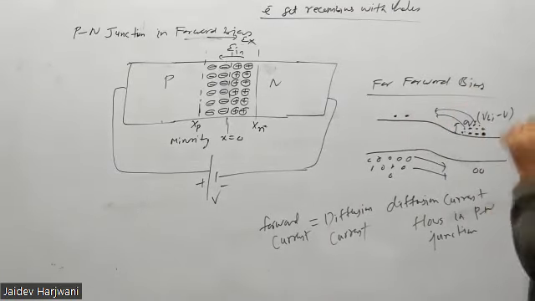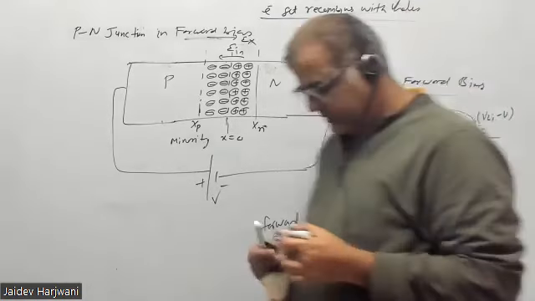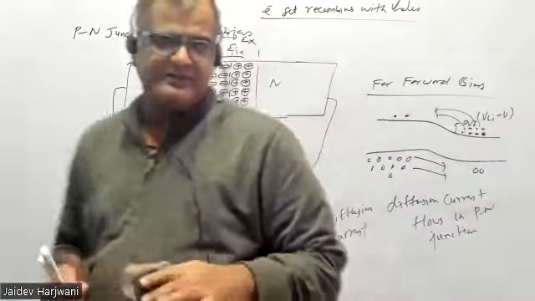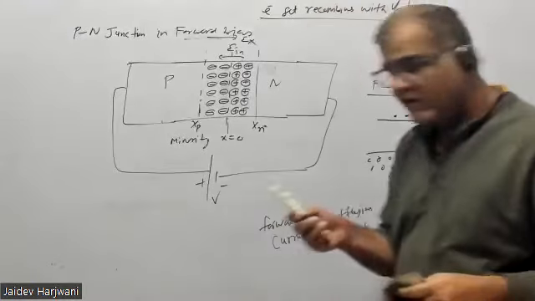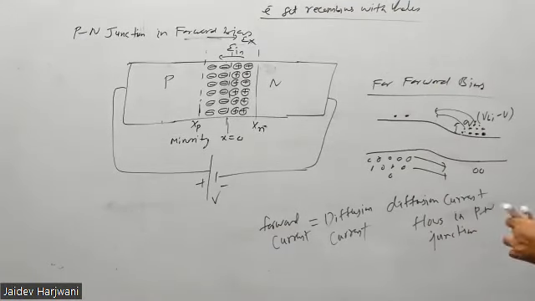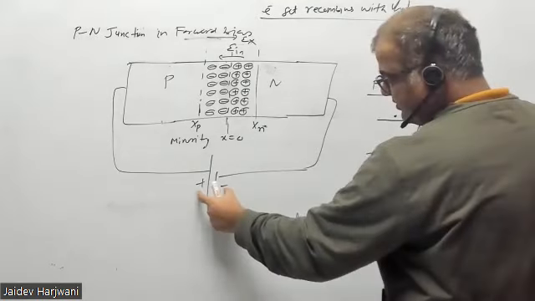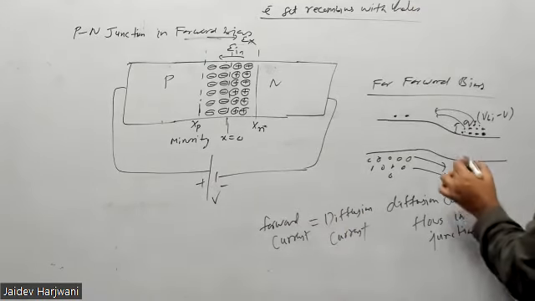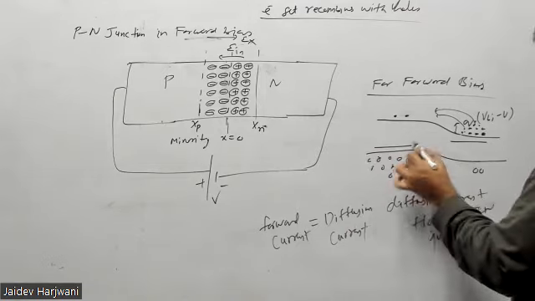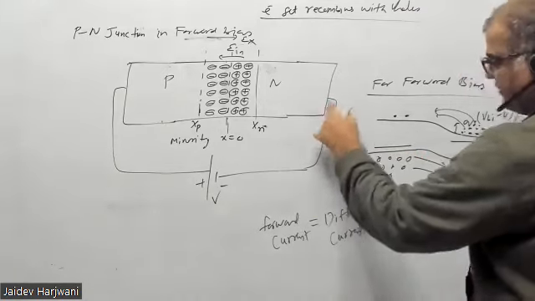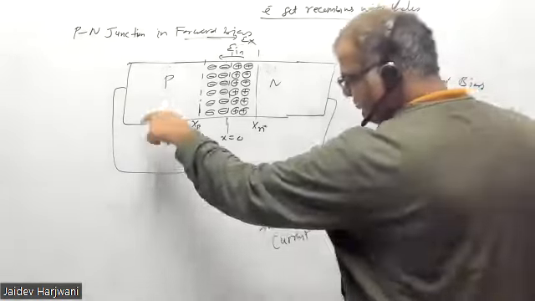Okay, now whenever you want to flow the current, you have to create a difference of Fermi level. So when I'm applying this, again I'm creating a difference of Fermi level, because negative side Fermi level goes up, positive side Fermi level goes down.